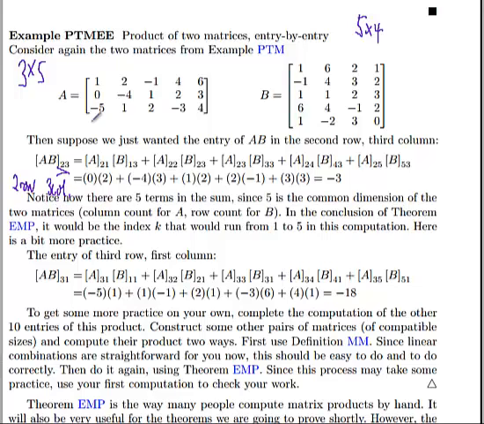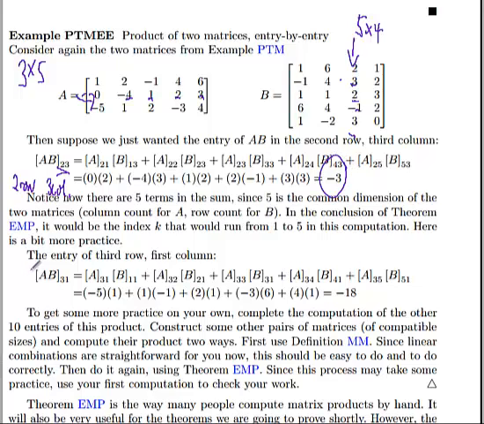The way to get that is take the second row of A and the third column of B and inner product them together. 0 times 2 plus -4 times 3 plus 1 times 2 plus 2 times -1 plus 3 times 3.